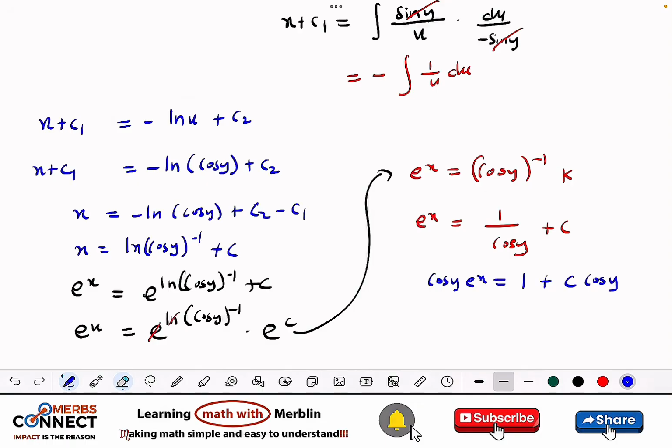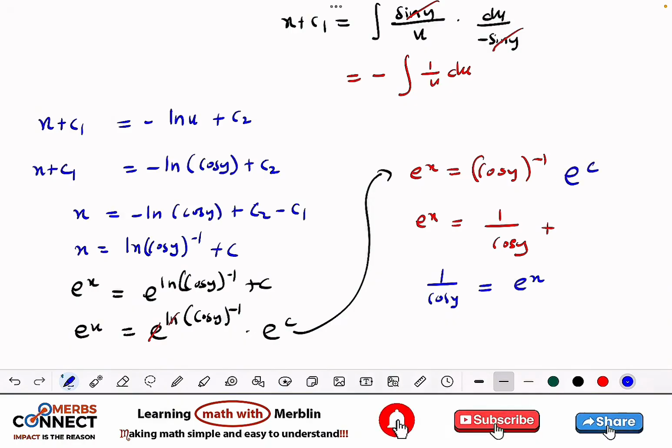But when I do that, multiply through by cos, okay, I don't need to do that because I'll have y here. So what I can do is write this as 1 over cos y is equal to e to the power x. Okay, so for it to be nice, let me still maintain times e to the power c.